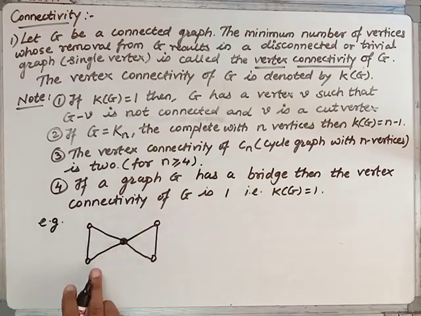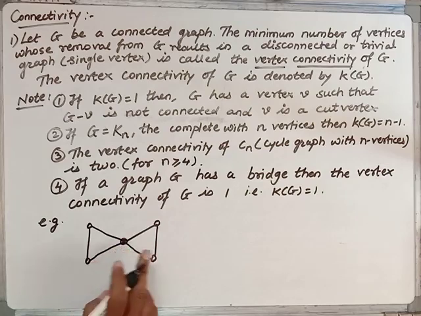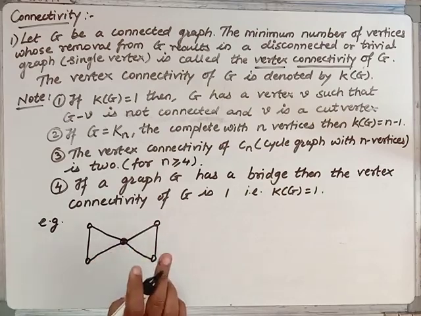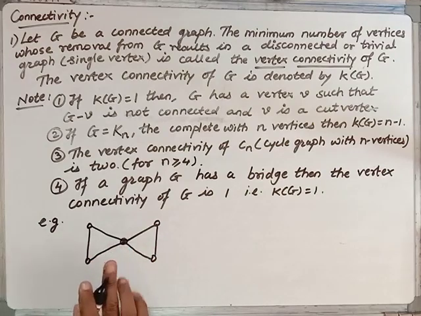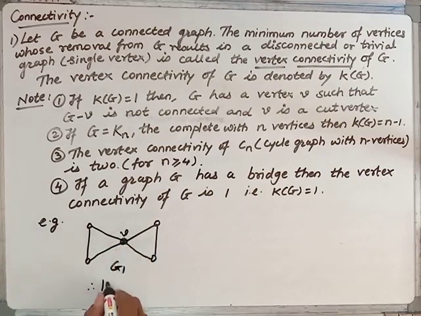Then vertex connectivity is 1. So here this vertex will be a cut vertex. If we eliminate that, then K of G is 1. So this is G1, this is V, therefore K of G1 is 1.